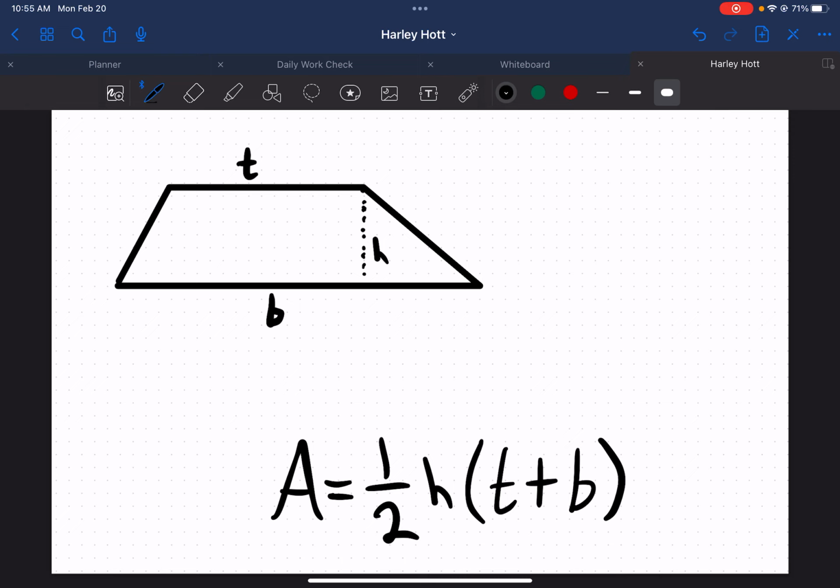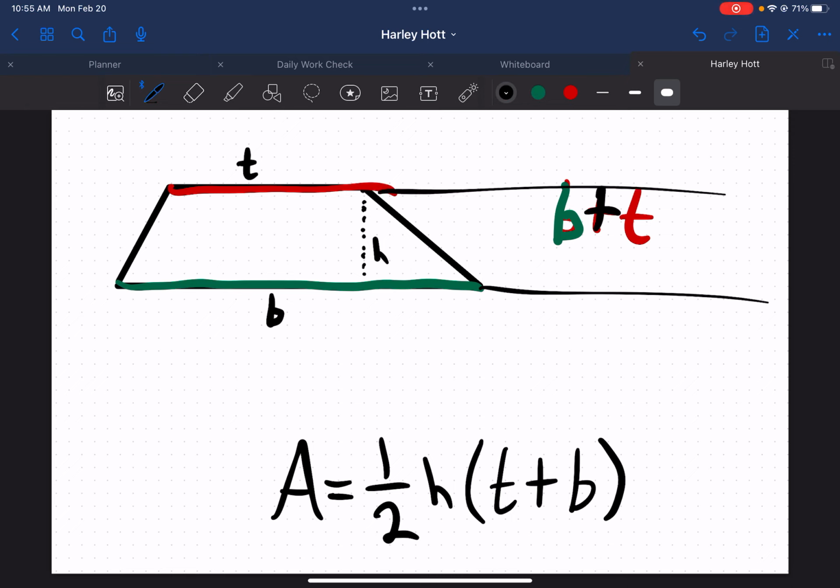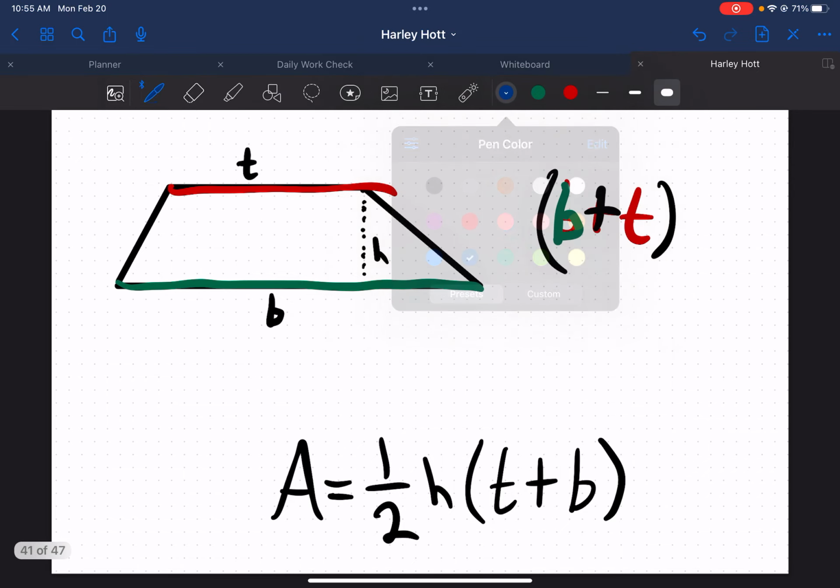We take the bottom number and the top number, we add them together, B plus T, right? That gives us the bottom of our new parallelogram. Then we just multiply by the height, which I'll indicate with blue.